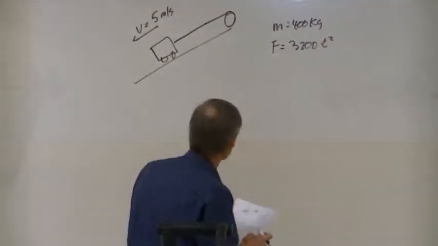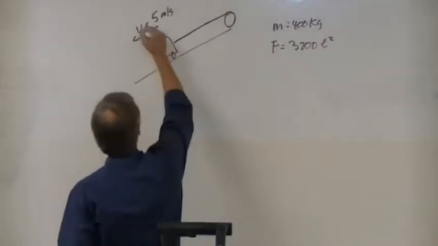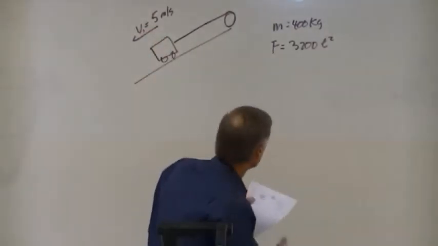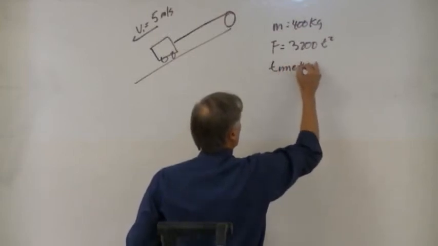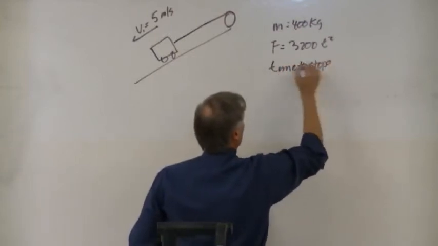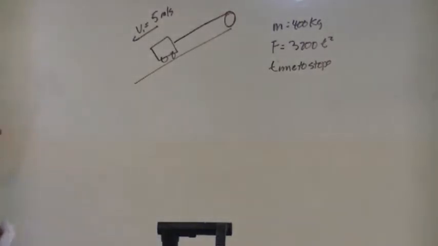Okay? Velocity initial is 5 going that way, and we want to find the time that it takes to make it stop. Okay, so a momentum approach would be a good approach, I think, because we've got time, force, speeds involved, velocities.